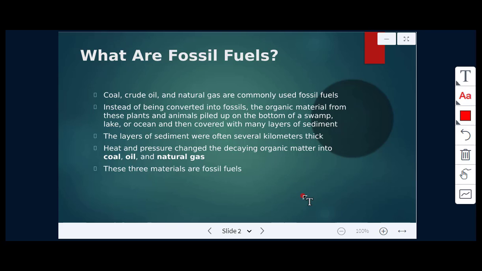The layers of sediment are often several kilometers thick, and then heat and pressure change that decaying organic matter into coal, oil, and natural gas. And those are the three materials that are the fossil fuels.